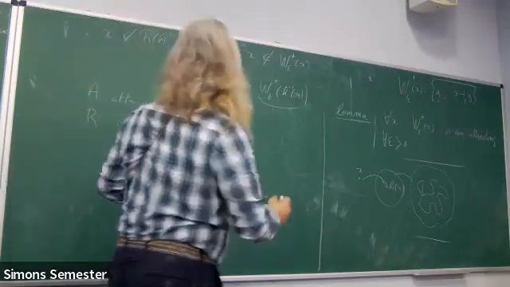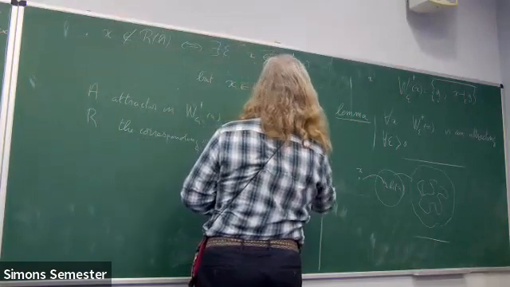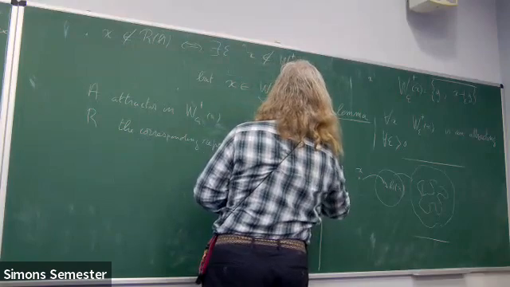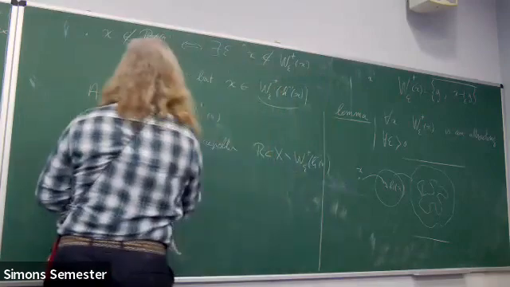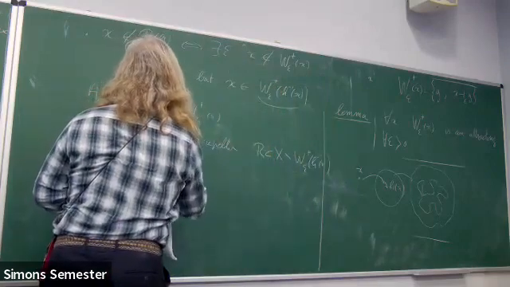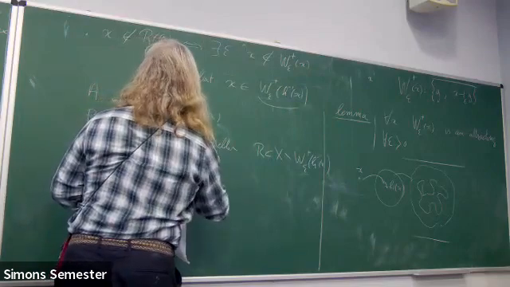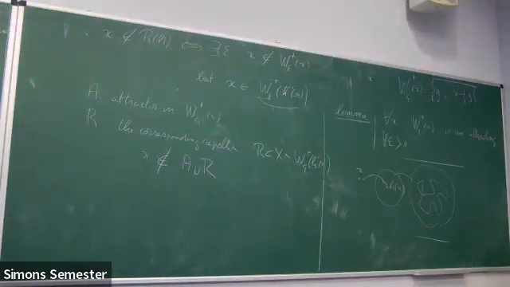This repeller is included in X minus these things. And so X does not belong to the pair A, R, which gives the reverse inclusion.